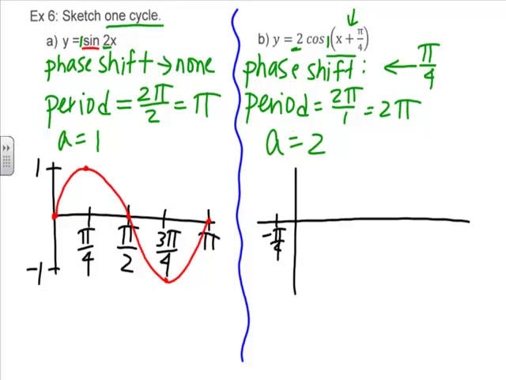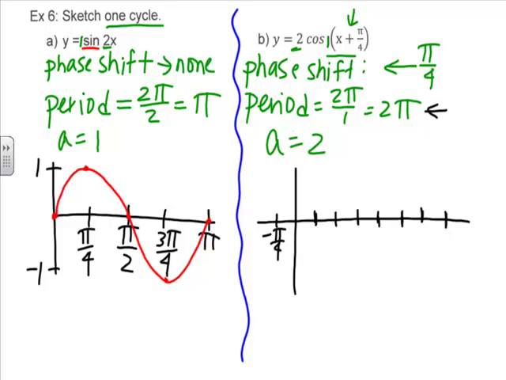Now, knowing that this is going to take 2 pi to do its thing, basically I need half a pi, half 4 times. So since this is a quarter of a pi, I'm going to need 2 quarters to get to a half a pi. And then I'm going to need 2 more quarters to get to my midpoint, 2 more quarters to get to my third position, and then 2 more quarters to get over to the end of this thing.